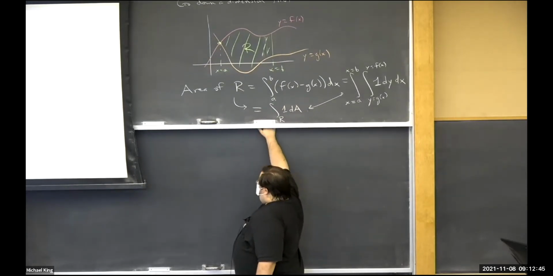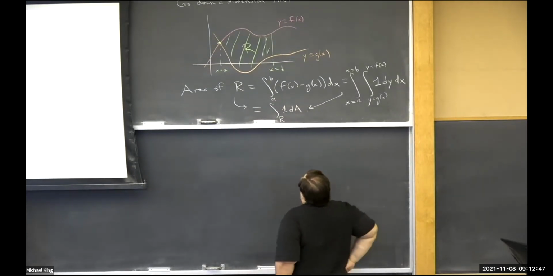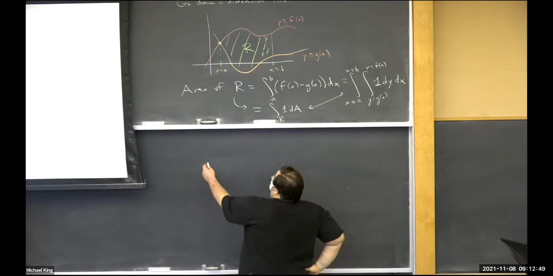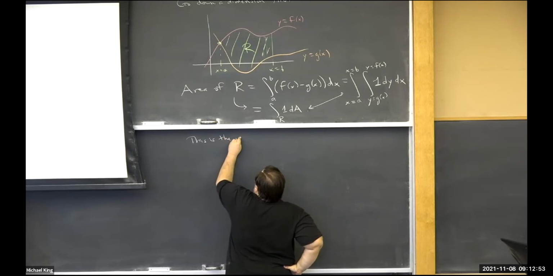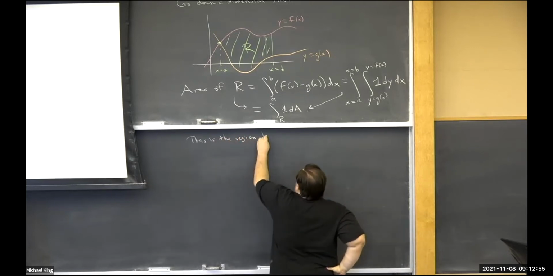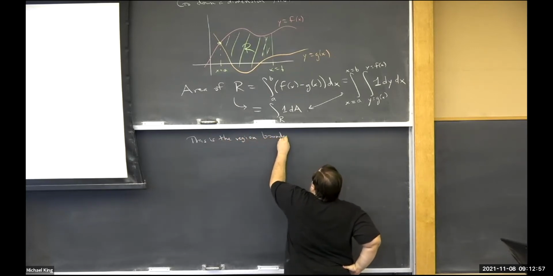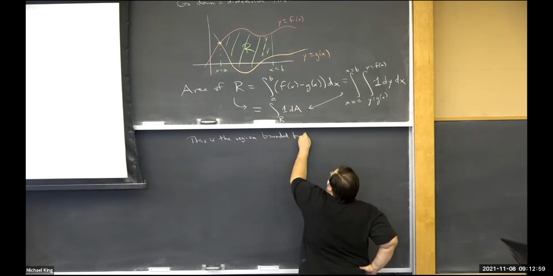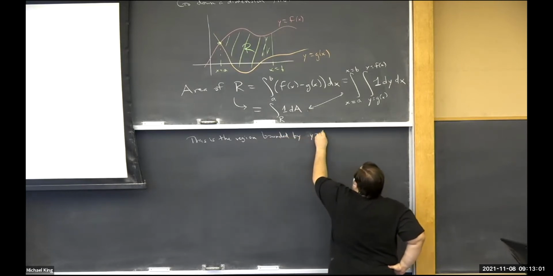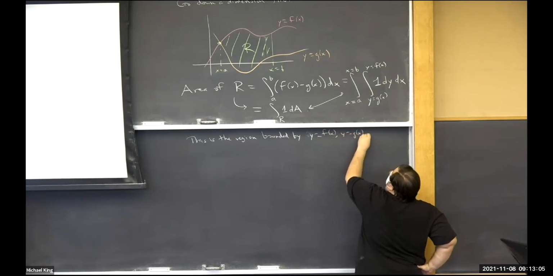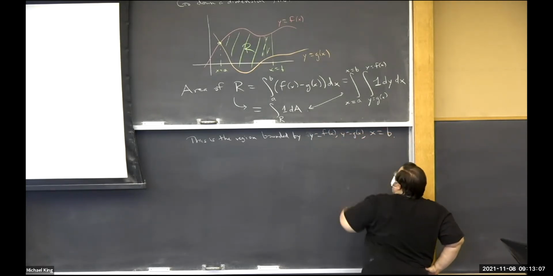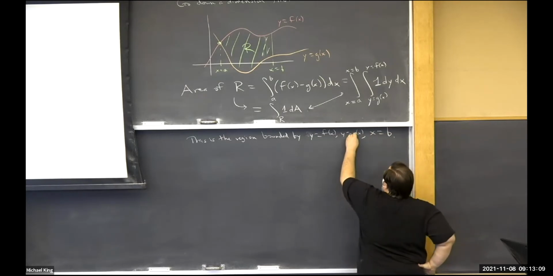But I could have said something like, this is the region bounded by y equals f of x, y equals g of x, and x equals b. I could just provide you that information.